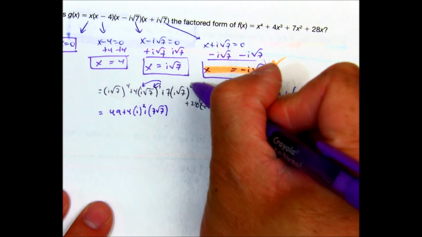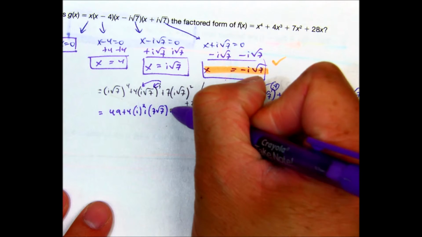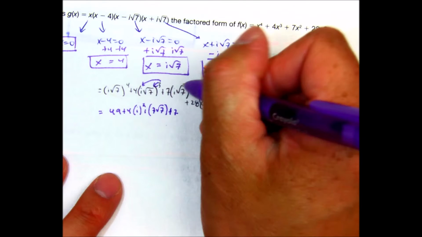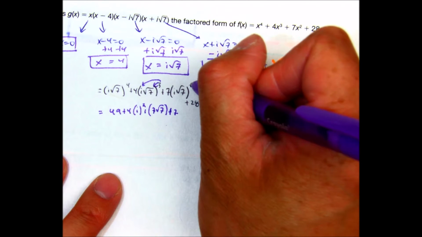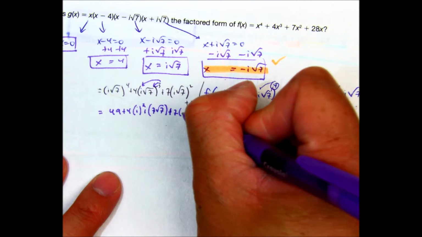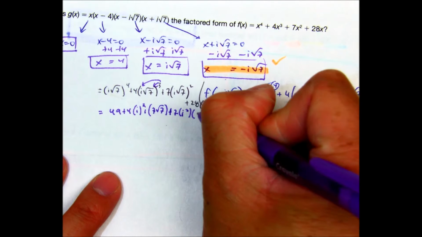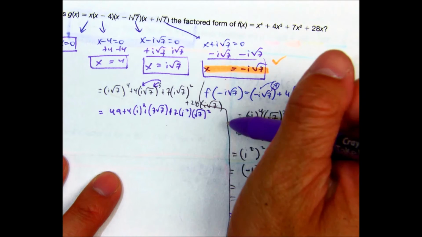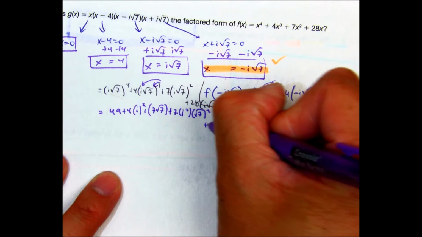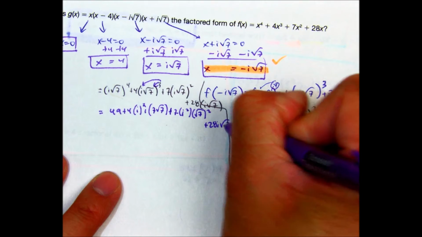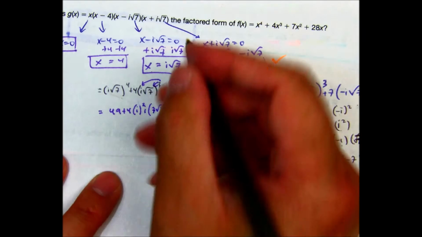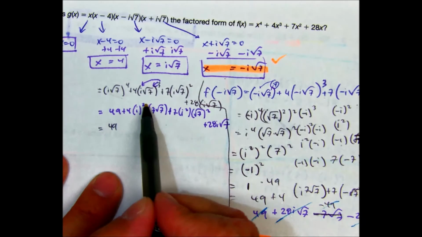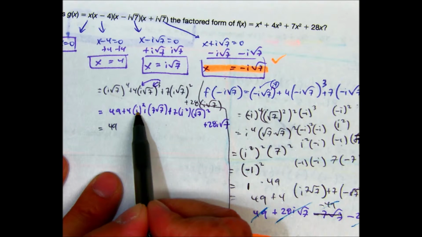And remember, you're not going to distribute the 2 there, so this is going to become the power of 2, so that'll be i squared times radical 7 squared. And then this one will just become 28i radical 7. And then we're just going to go through and simplify. So you have 49. Remember, this is all multiplication, so this is negative 1.